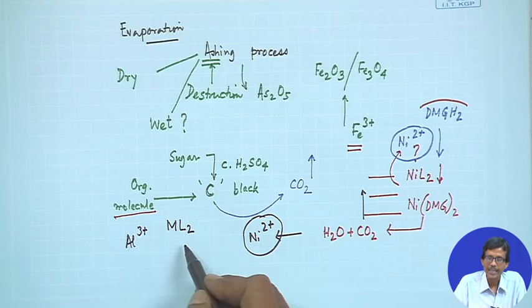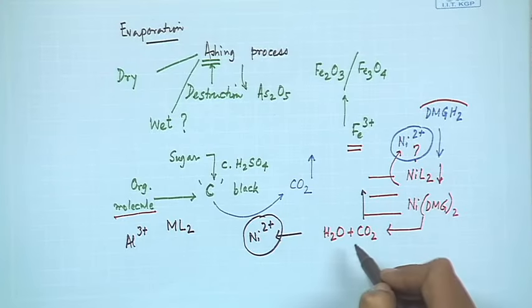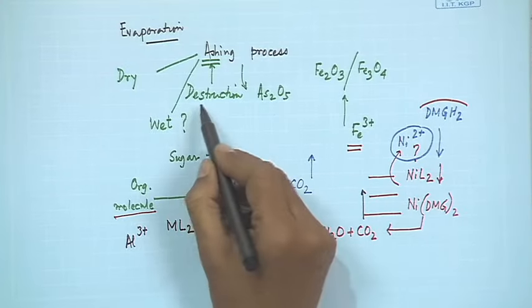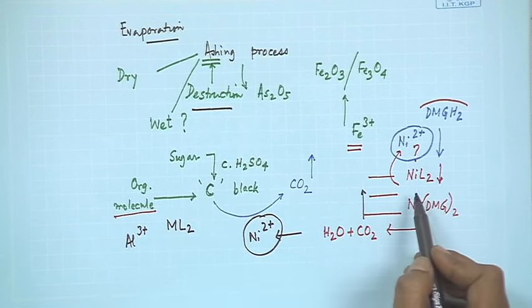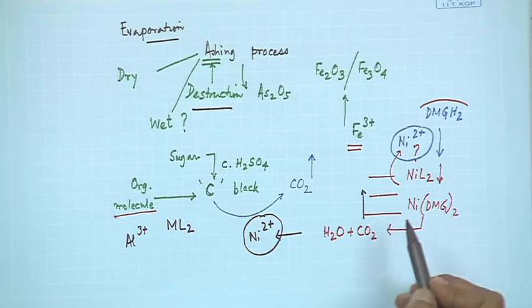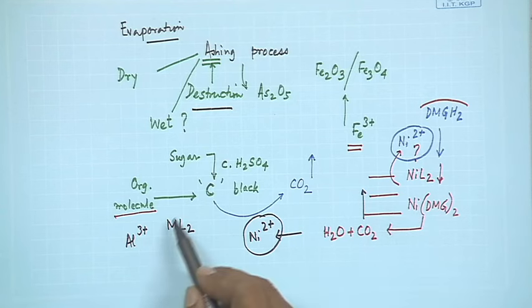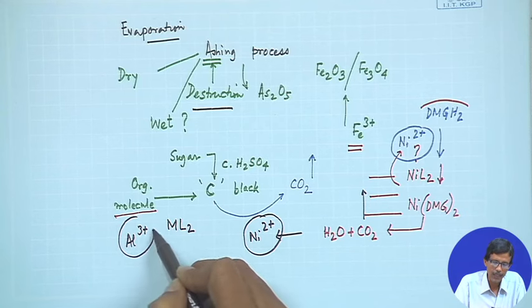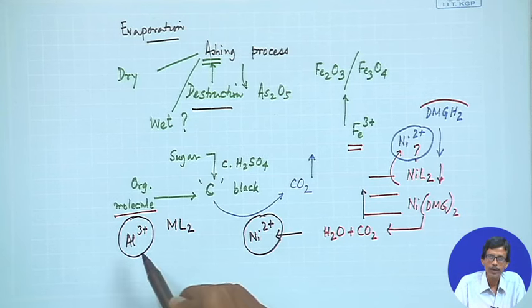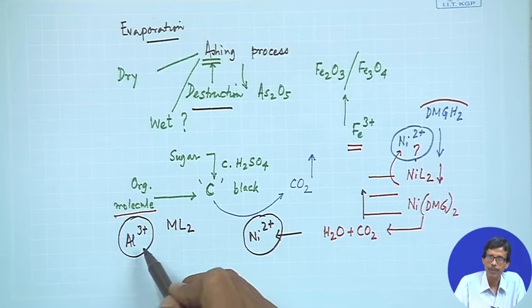So, this wet ashing process we can always follow: we get the corresponding metal complex and we destroy it. So, this is the destruction process, the ashing process. Wet ashing is the destruction of the ligand part, and if we destroy the ligand part in the aqueous solution, we will again have the corresponding metal ion, that means aluminum 3+, in the solution.